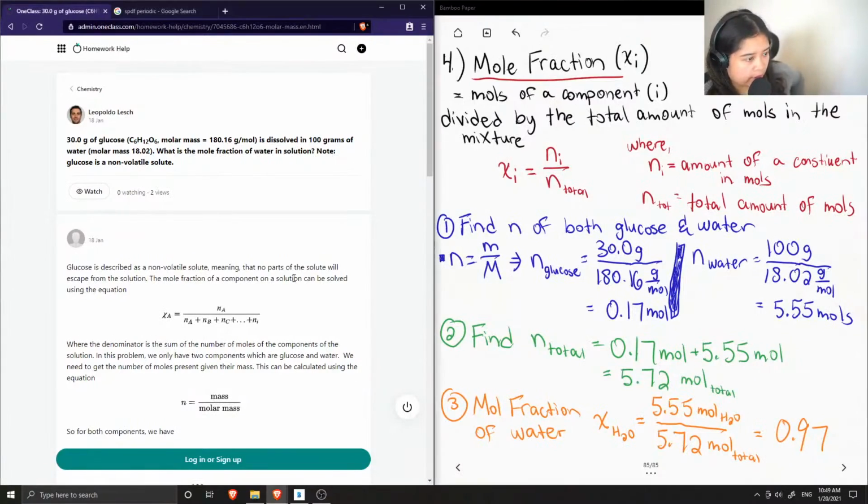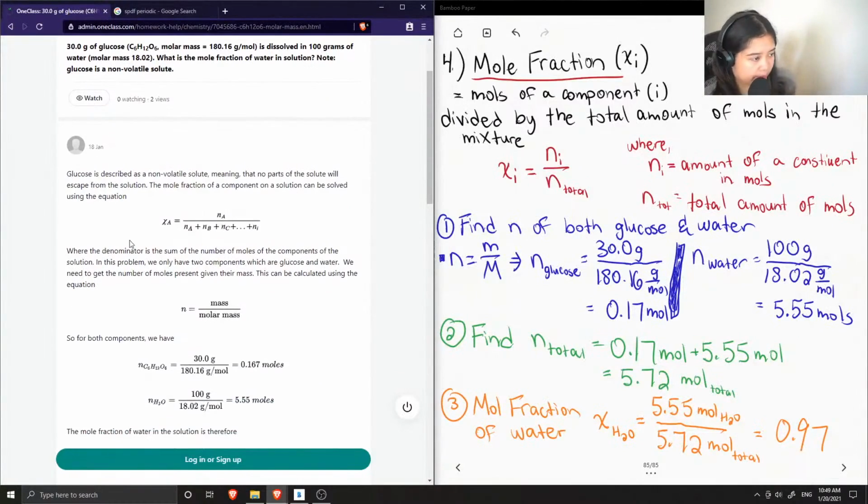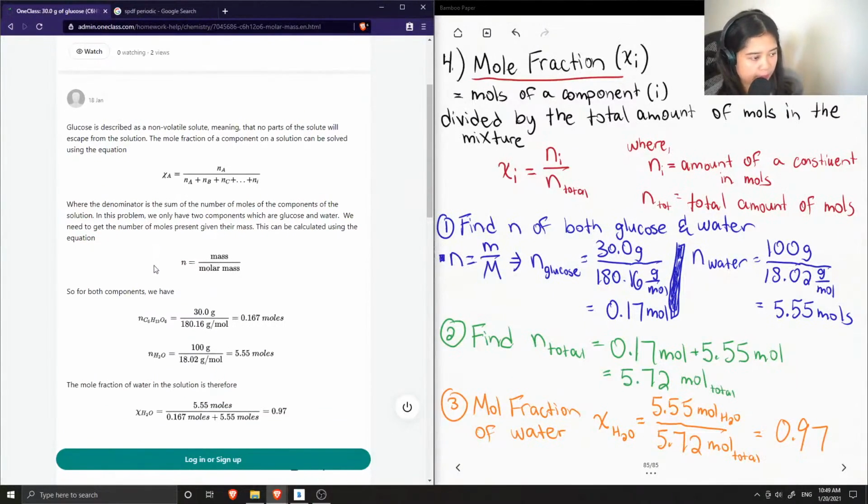And the junior tutor said that glucose is described as a non-volatile solute, meaning that no parts of the solute will escape from the solution. The mole fraction of a component in a solution can be solved using the equation. Okay, so they showed how the denominator is the sum of the number of moles of the components of the solution. And in this problem, we only have two components, which are glucose and water.